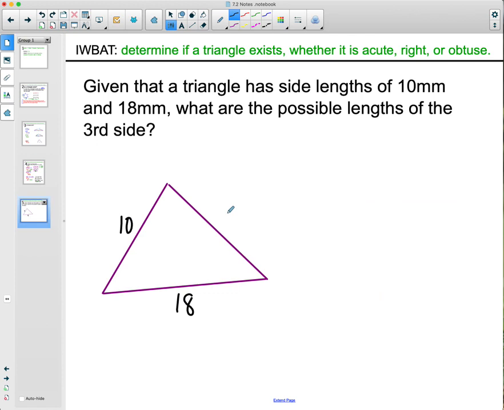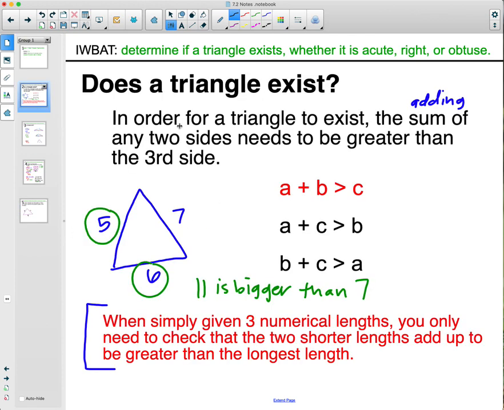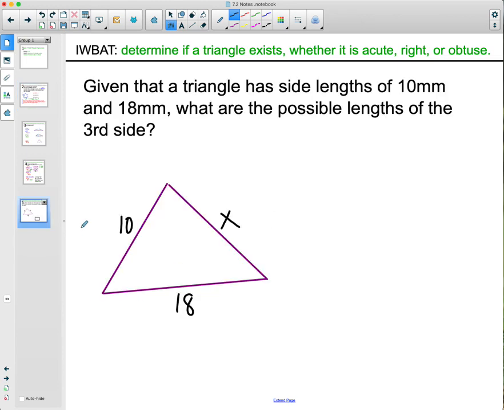So this third side, I'm just going to call it x, and this is where we need to go back to remembering the three things that needed to happen. Any two sides need to be bigger than the third side. So I'm just going to start by taking two sides. So I know that 10 plus x, those two sides have to be bigger than the third side of 18.